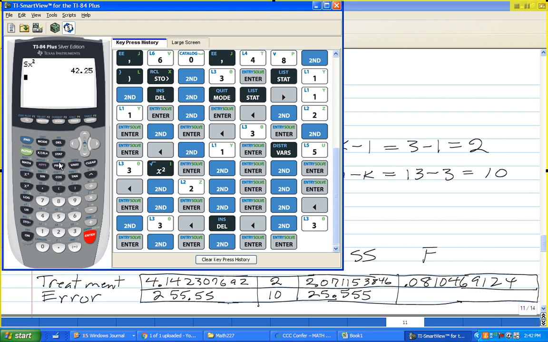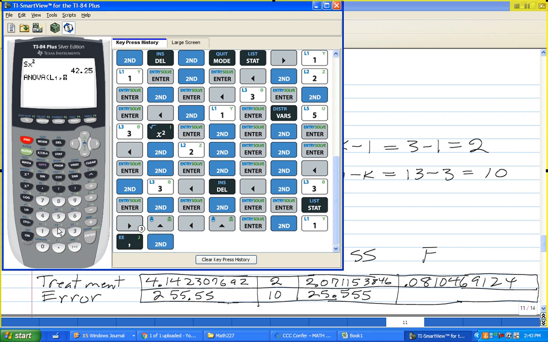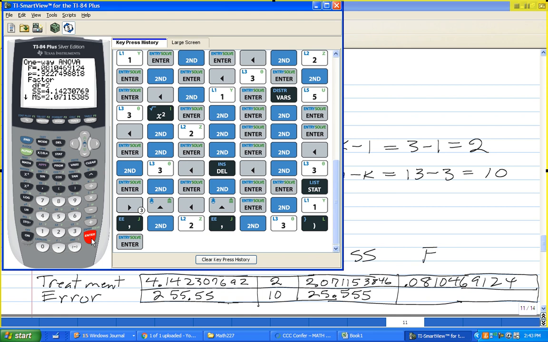All I had to do is go to Stat, Test, ANOVA, L1, comma, L2, comma, L3. Hit enter, and there it is.